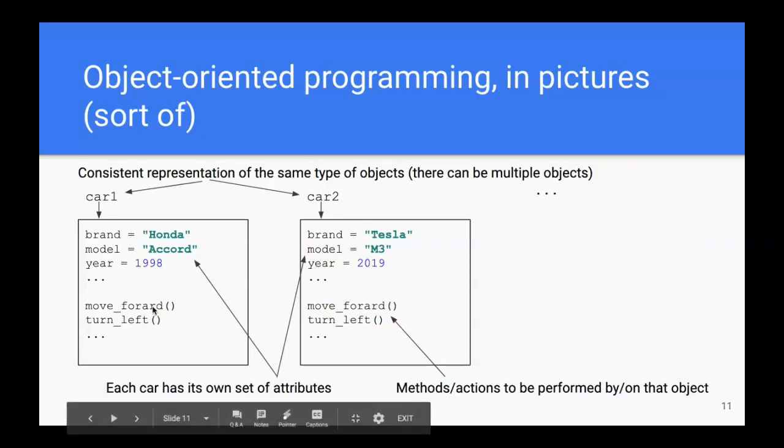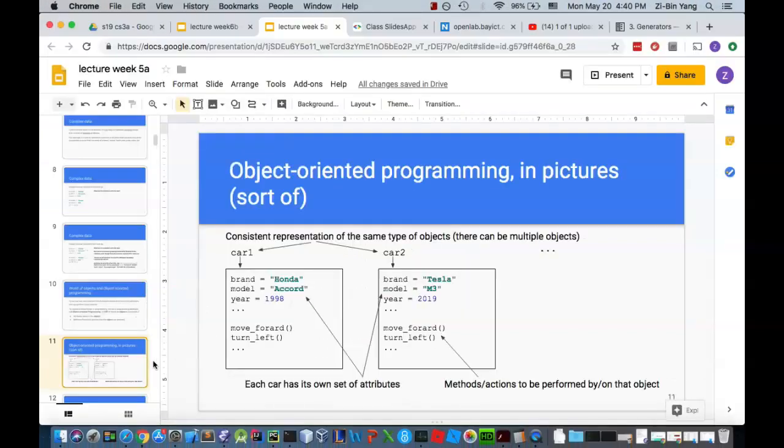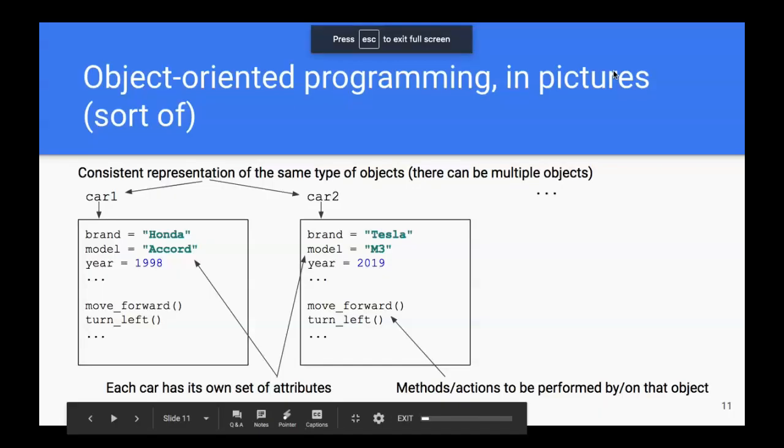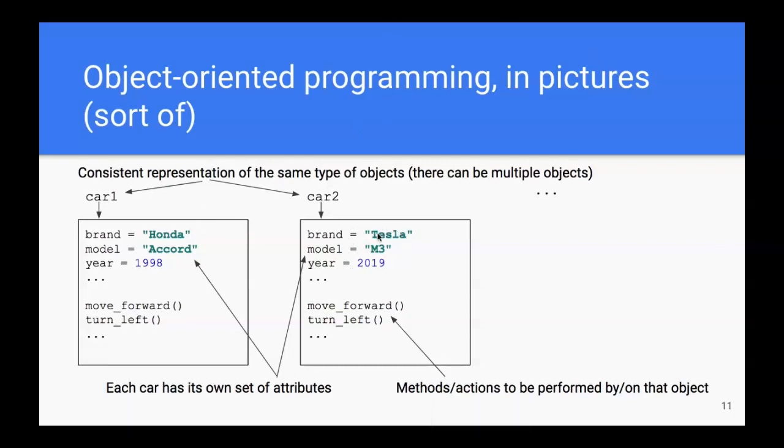They can all move forward, turn left, turn right, stop, and honk, and things like that. The value for each of these attributes is different, right? For the Tesla it is Tesla Model 3, and for the Honda it is Honda Accord.